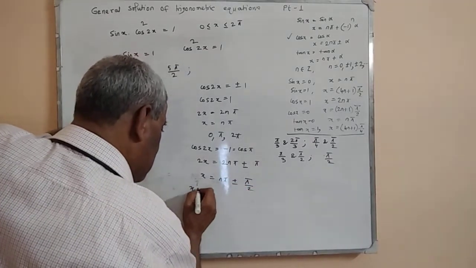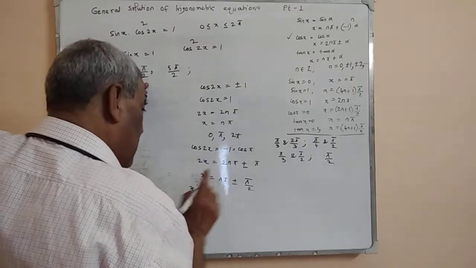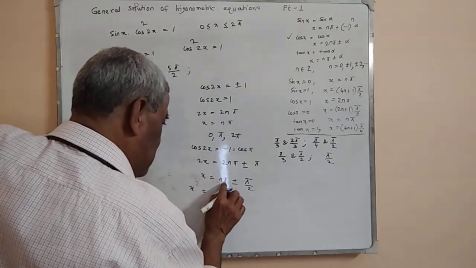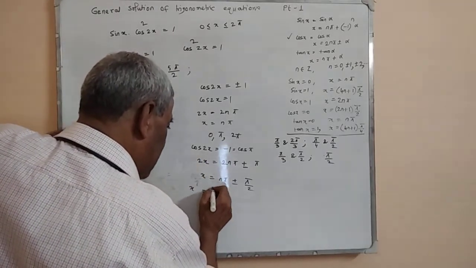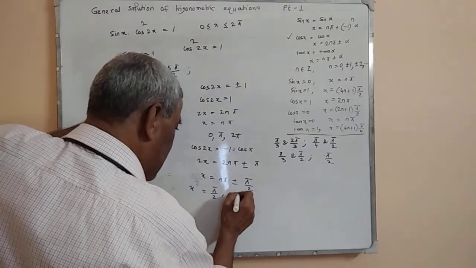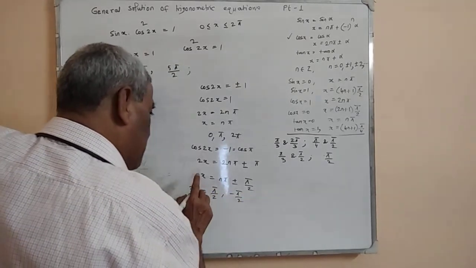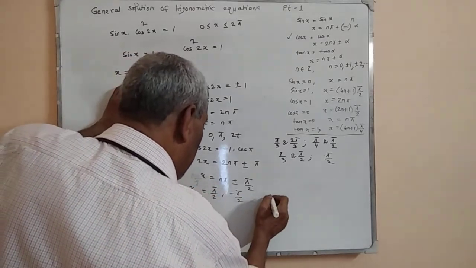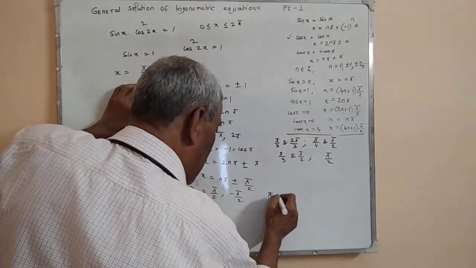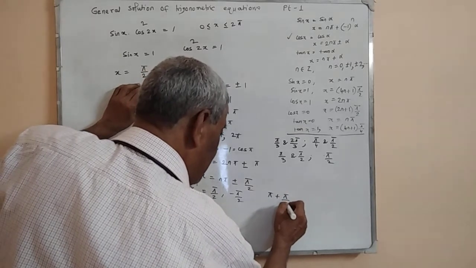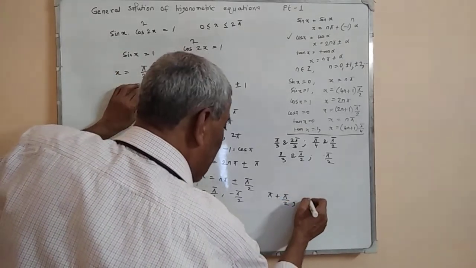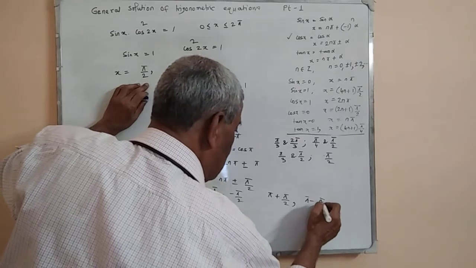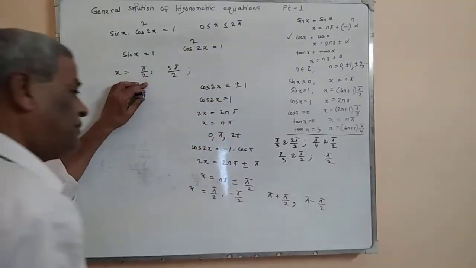So for n is equal to 0, value of x is equal to 0 plus pi by 2, minus pi by 2. Taking n is equal to 1, this is pi plus pi by 2 and pi minus pi by 2, that is pi by 2.